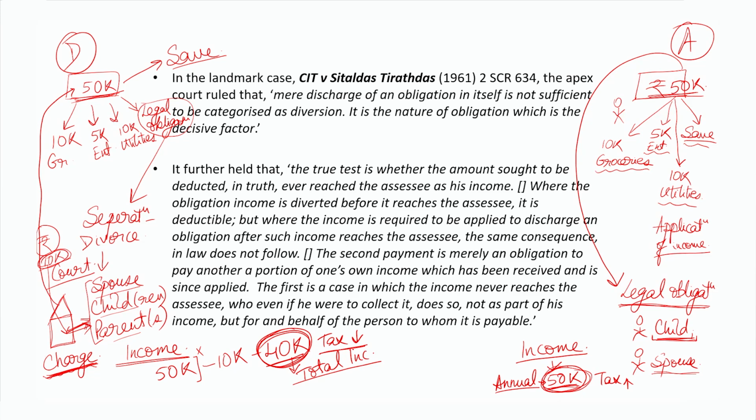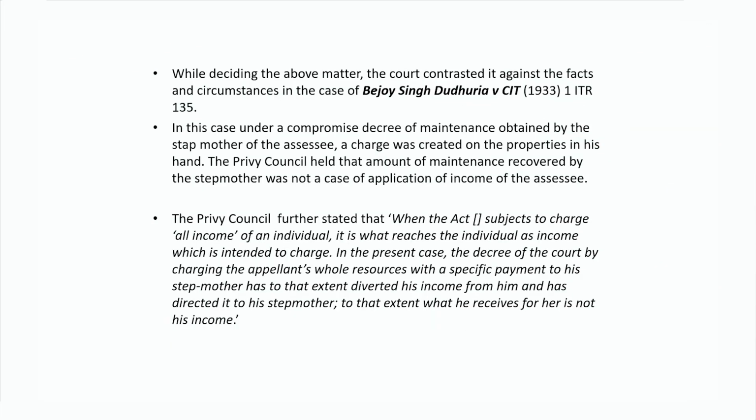So when we say even if he were to collect it, let's say for example this person goes and collects this rental amount of 10,000, still this income of 10,000 will not be used for the purposes of calculating this person's income. Rather, it will be deducted, and therefore he will attract lesser tax liability, right?